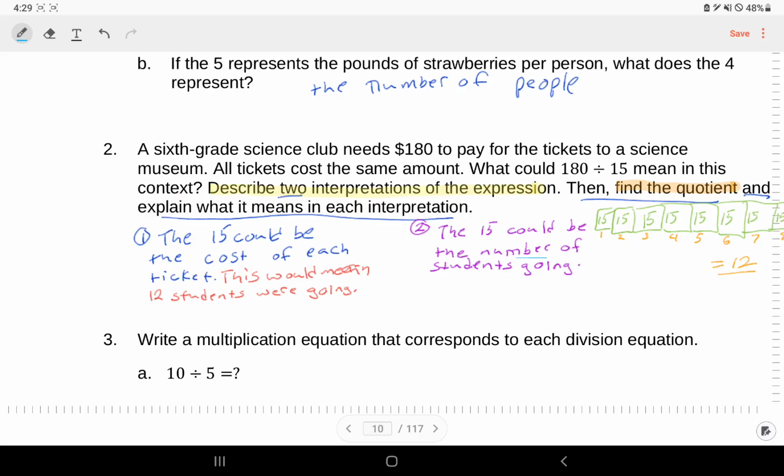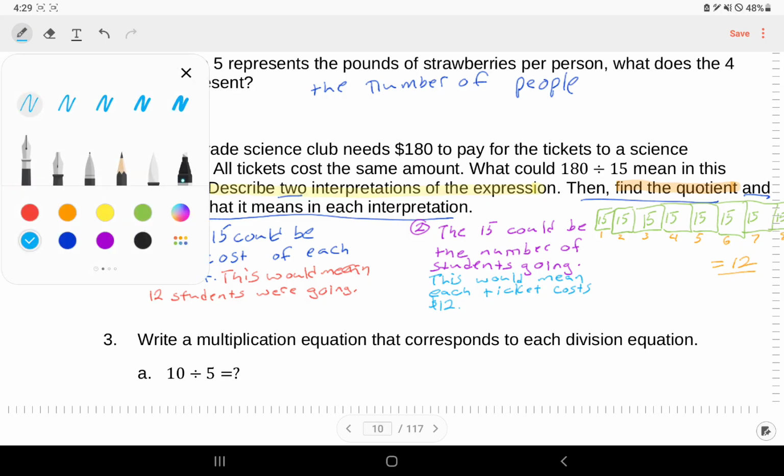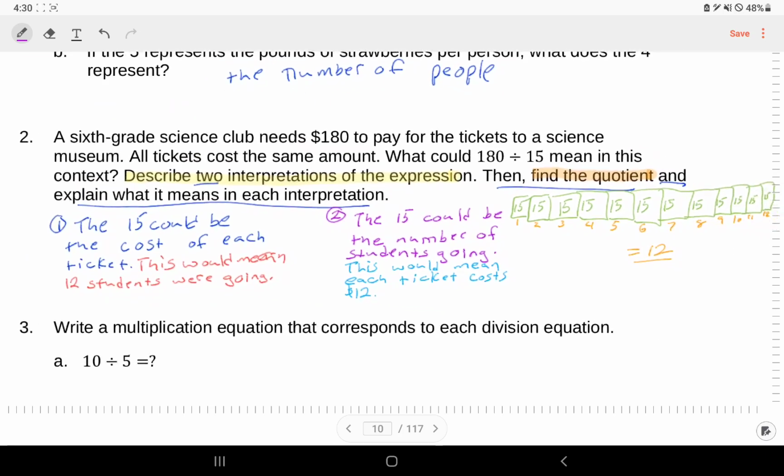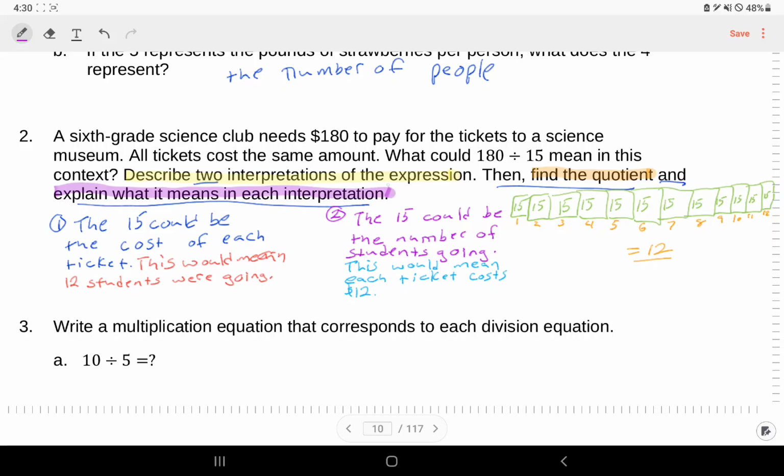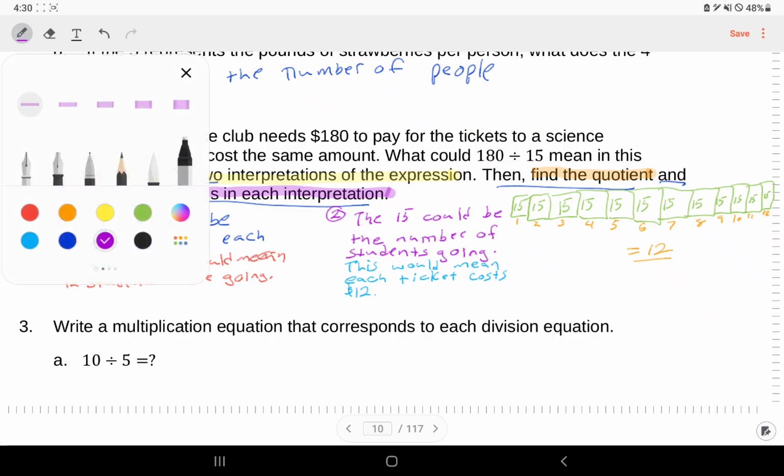Now, if 15 is the number of students that are going, this would mean each ticket costs $12. And that explains what it means in each interpretation. Okay? You got to do all parts.